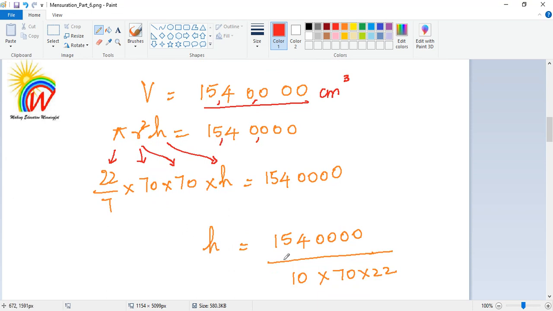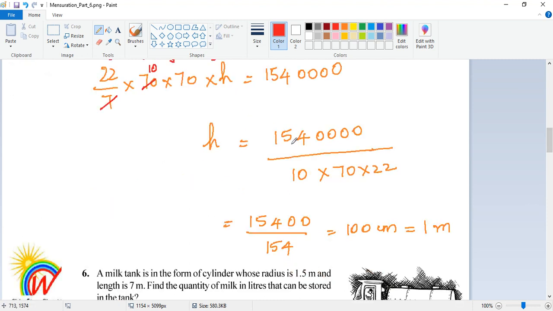Now 7 ones are 7, 7 tens are 70. So 22, 10 and 70 all go down, because all are multiplied with h, so all will come down. Now 1 zero gets cut, another zero also gets cut. So you have 15,400 divided by 7 into 22, which is 154.